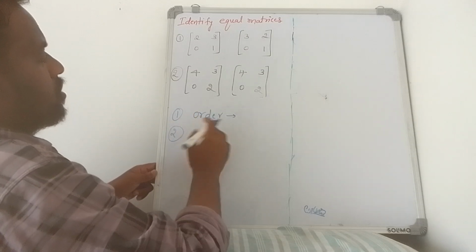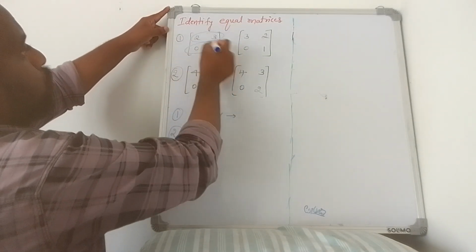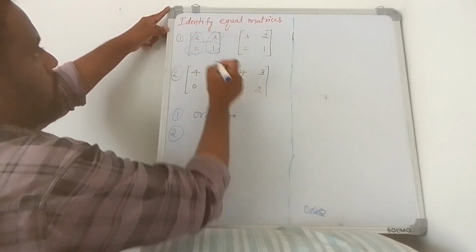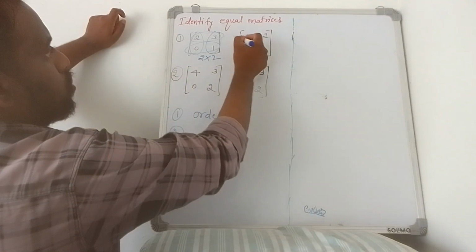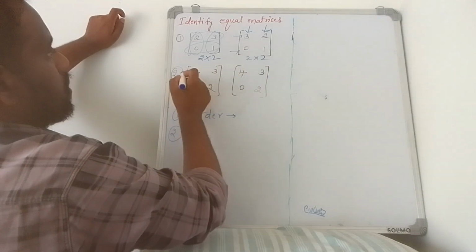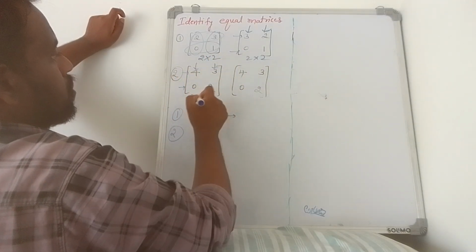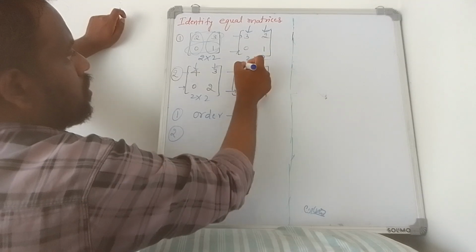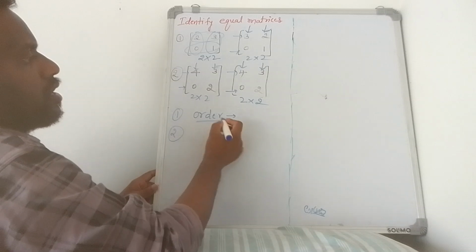So first we will check this. Order I will check. See, two rows, two columns, so we will write two rows, two columns like this. Similarly here also, two rows and two columns, 2 into 2. Order should be the same.